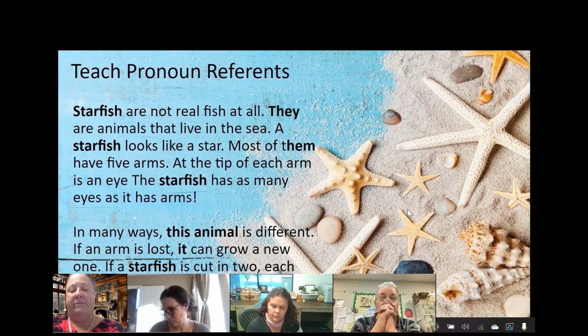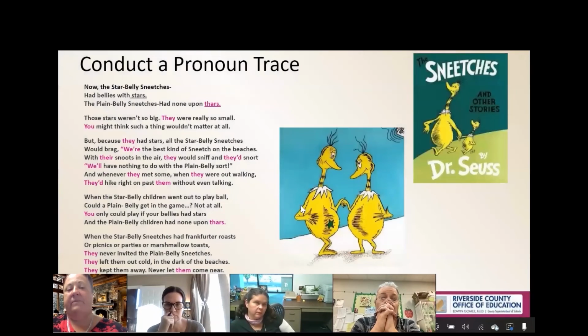Who are all the pronouns? What are they all talking about? What's this thread? Are all of them about the starfish? Yes, they are, right? So what do you think the main idea of this is going to be? Well, it's certainly going to be about the starfish, right? So it helps get them to the comprehension of the bigger picture or the bigger idea.